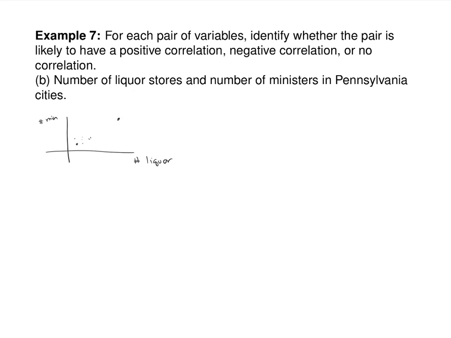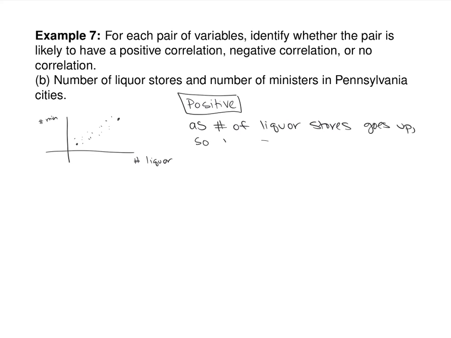And there'll be some variability, but probably as the number of liquor stores goes up, so does the number of ministers. This is probably going to be a positive correlation. No, nothing says there's any cause. Liquor stores aren't causing ministers, ministers aren't causing liquor stores. So as the number of liquor stores goes up, so does the number of ministers.